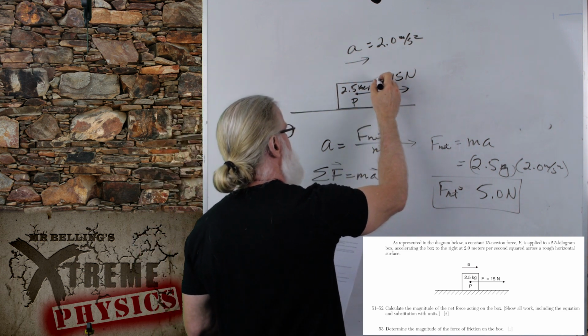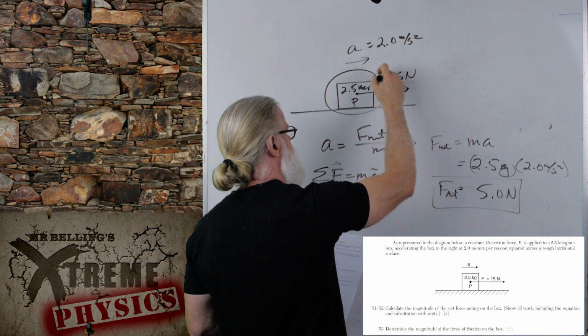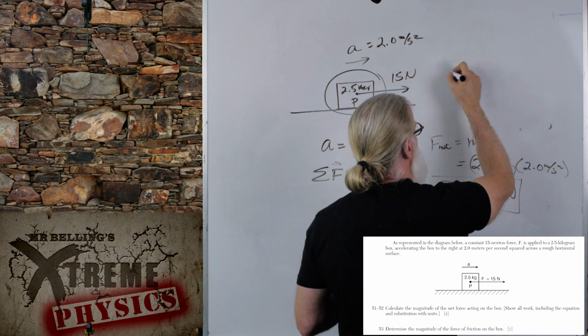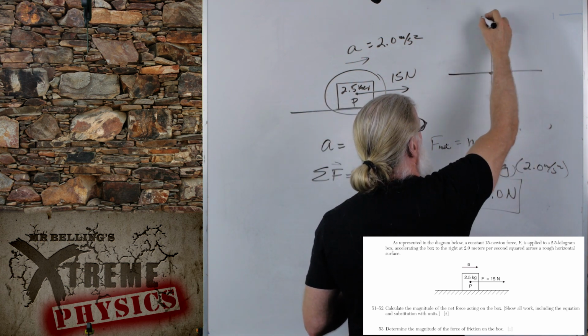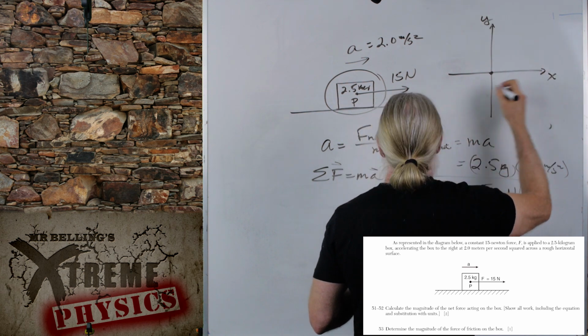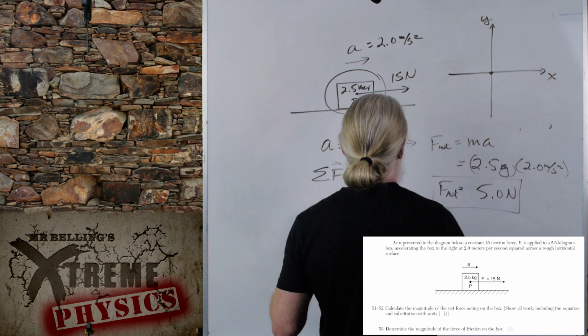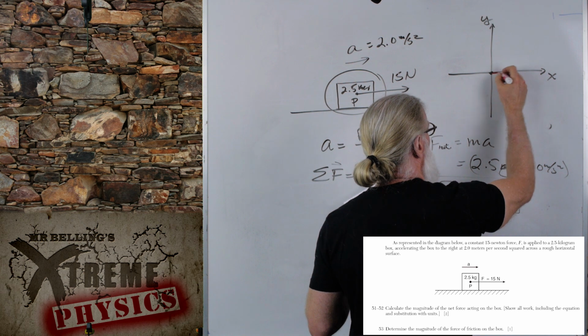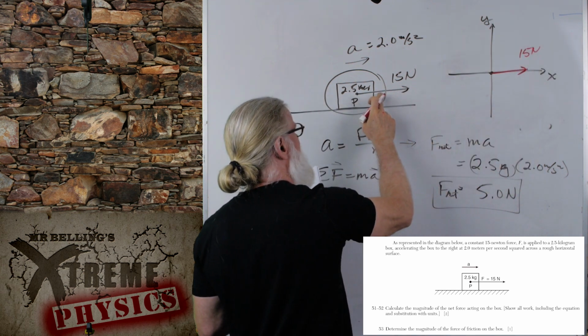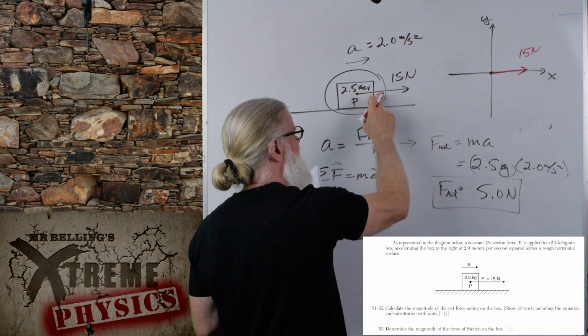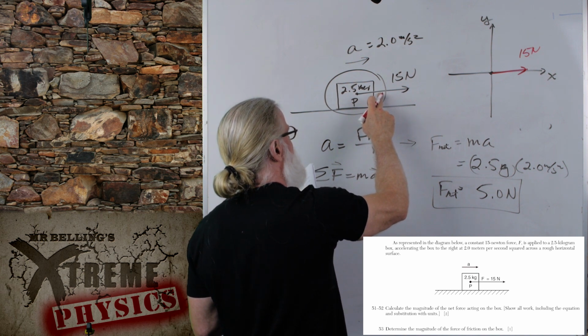Well, let's circle the object of interest. And let's draw a free body diagram. Go like that. Got our y-axis and our x-axis. We have 15 newtons applied, right? So I circle the object of interest. I see there's some sort of applied force here. And then we also have the surface.